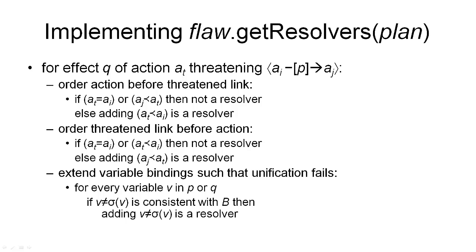Now let's look at the case where we have an action AT that is threatening a causal link AI to AJ protecting proposition P. And let's see how we can get resolvers that remove this type of flaw from our partial plan. For an action to be a threat to a causal link, it must be at least potentially in parallel to that causal link.